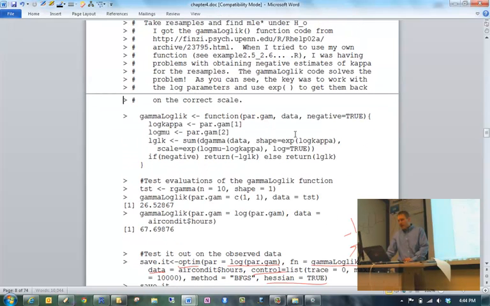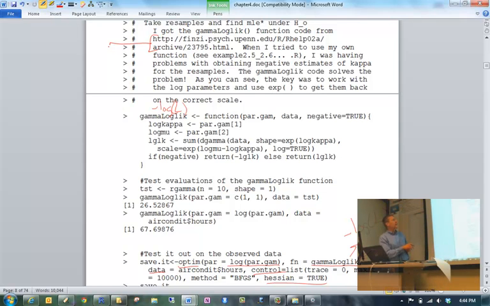So let's look at my log likelihood function, or negative log likelihood function. I don't know, just as a way to show you how useful various versions of R help are. When I was first programming this a few years ago, I was looking to see if somebody had some good solutions to the problem that I was having with negative parameter estimates.